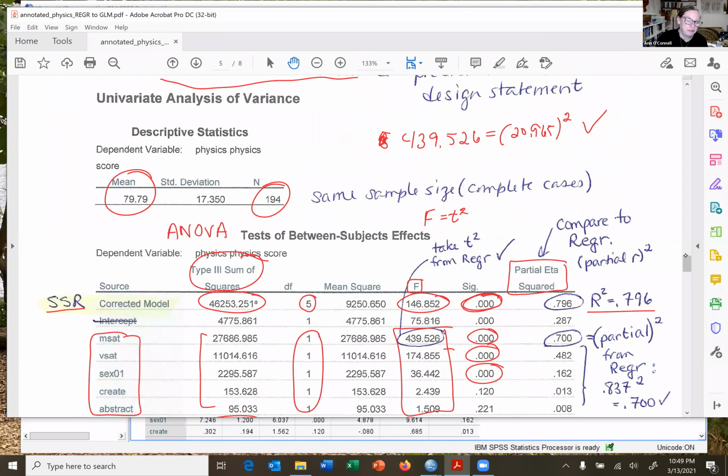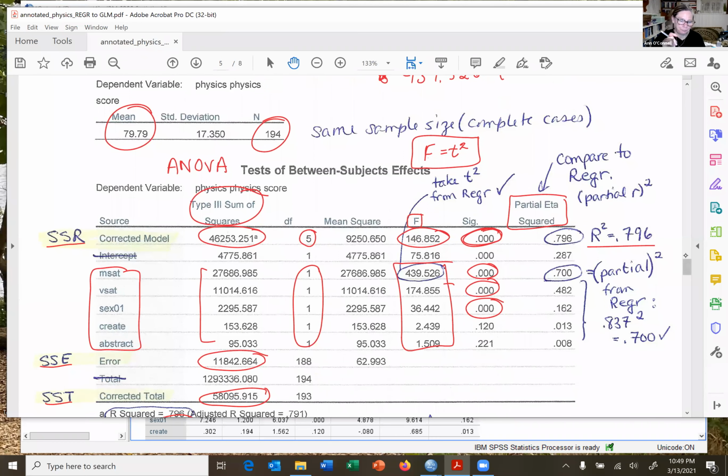So the F from the GLM will always, whenever there's 1 degree of freedom, always equal the t squared from regression. So we can see we're getting the same information about the significance of the variables in our model. It's the same 3 variables as we saw in regression.